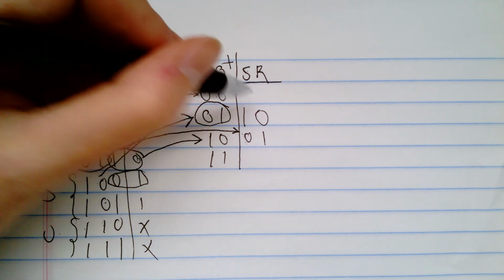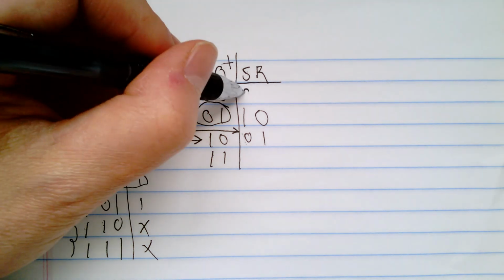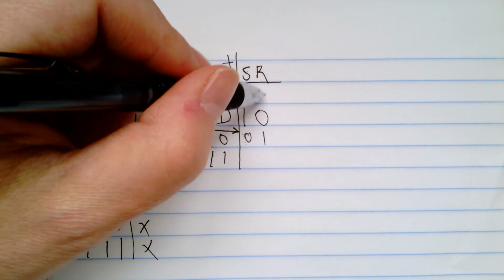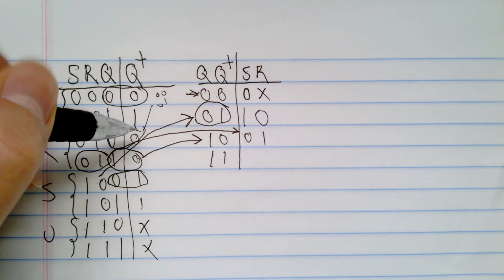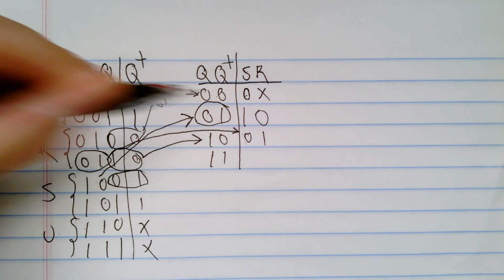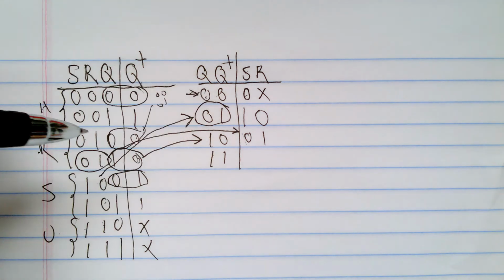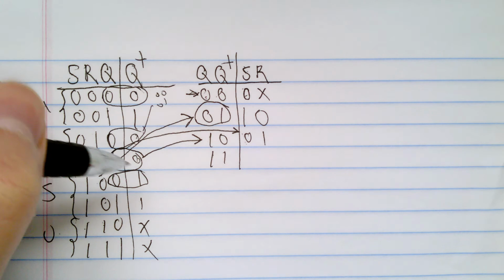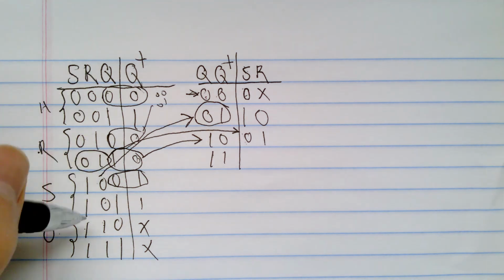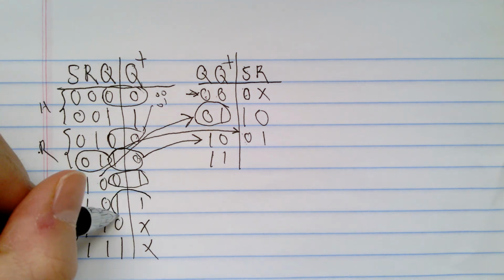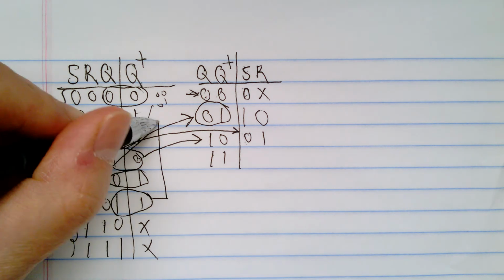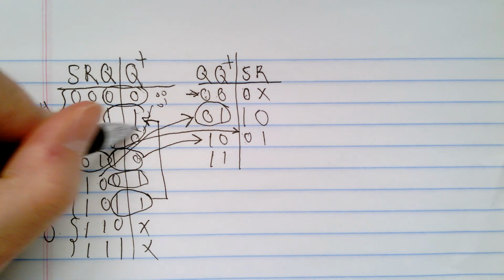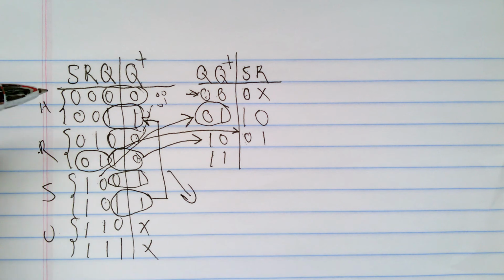That gives you the opportunity to leave the reset alone. It can be a 0 or a 1 because you're already in state 0, as indicated here. Just don't assert the set state. Similarly, if you want to go from state 1 to state 1, you have options.